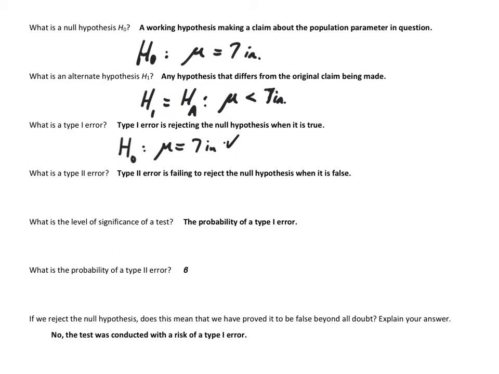But when you conducted your test, your alternative came up with all calculators being shorter than 7 inches in length. So a type 1 error is your data leads you to this, when in fact this one is the one that's true.